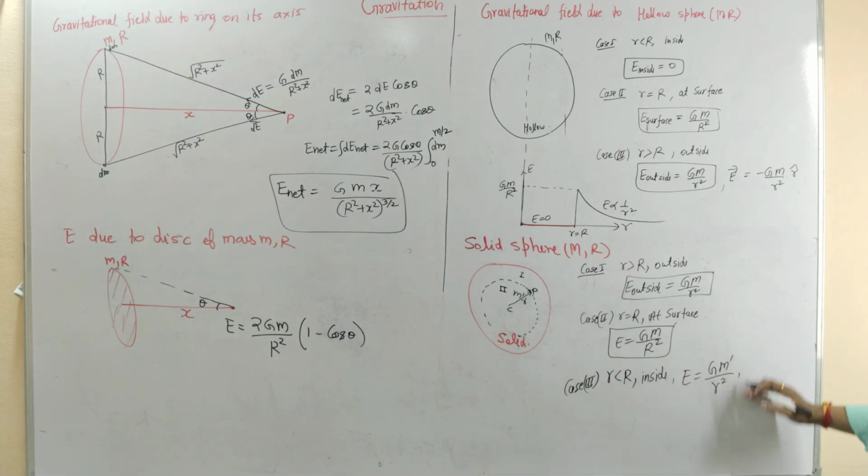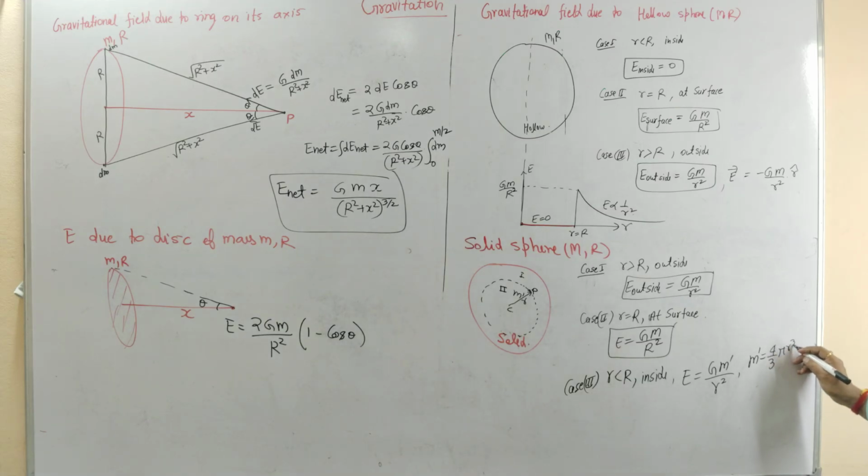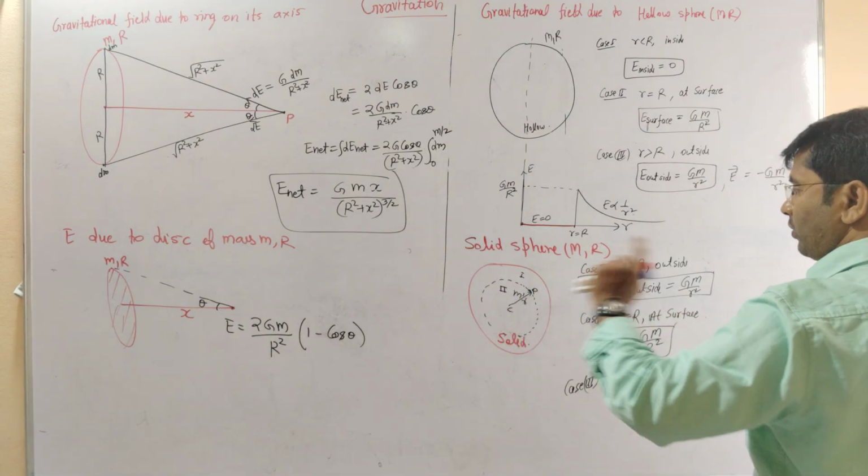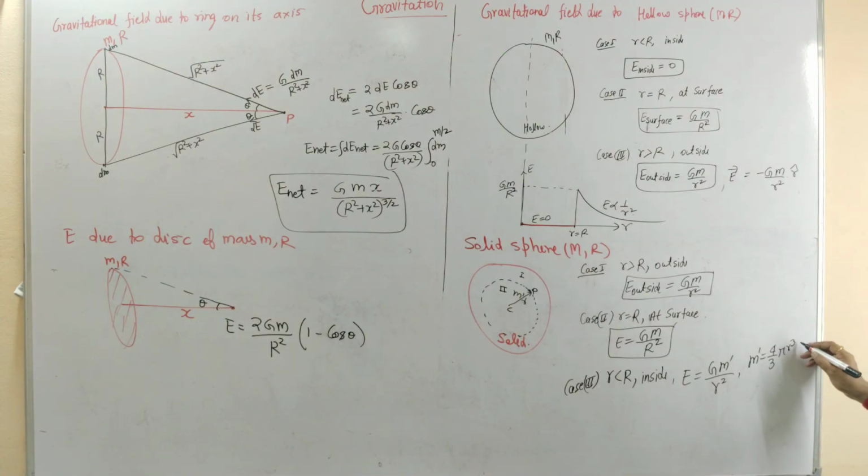Mass m dash equals volume, 4 by 3 pi r cube, into density. But density is not given, the complete mass is given. So density is complete mass upon complete volume, that means 4 by 3 pi capital R cube. The 4 by 3 pi cancel, and I get m dash equal to m into r cube upon capital R cube.